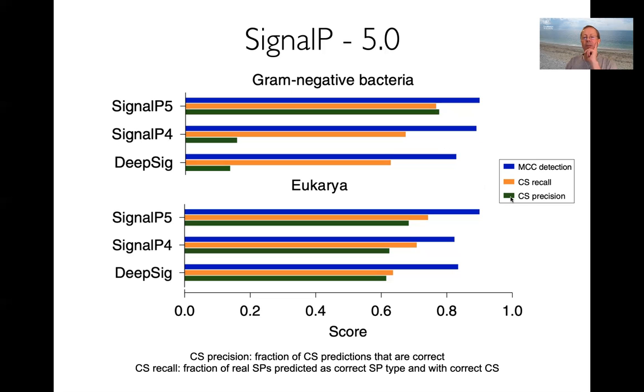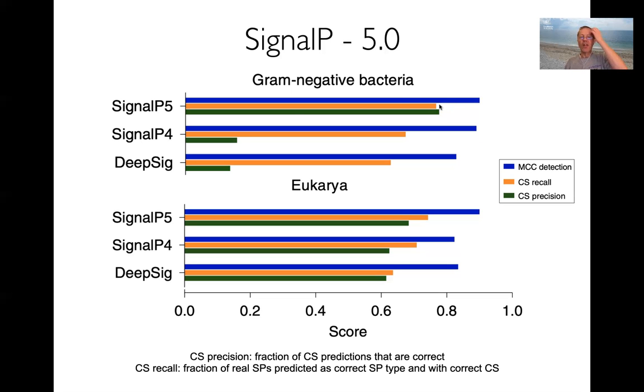In orange, you have what's called cleavage site recall, and that is the fraction of cleavage site predictions that are correct. That is to say, if you predict a signal sequence and you also predict a cleavage site, how often is that cleavage site correct? Sometimes it can be mispredicted by 1 or 2 residues, but how often is it correct?